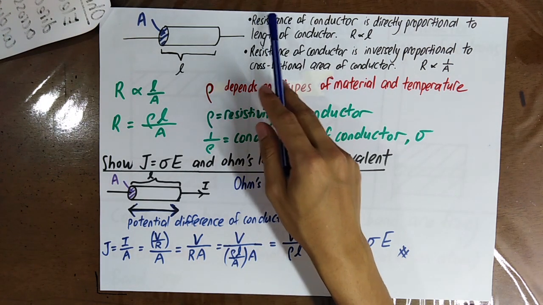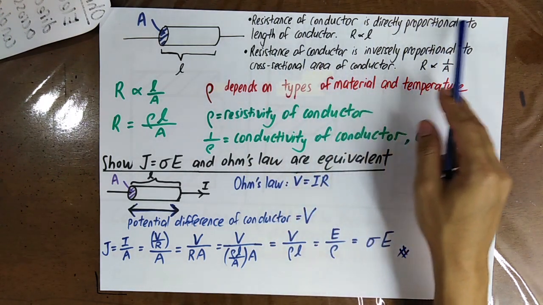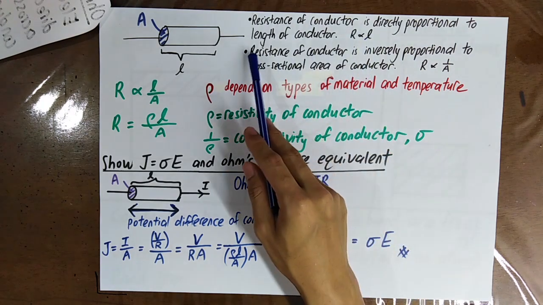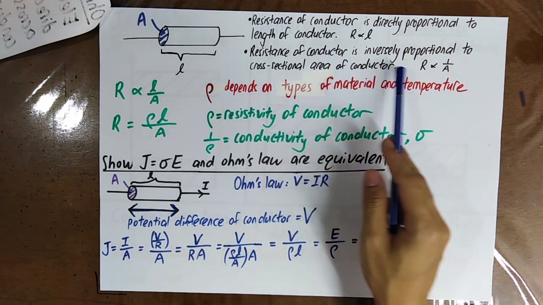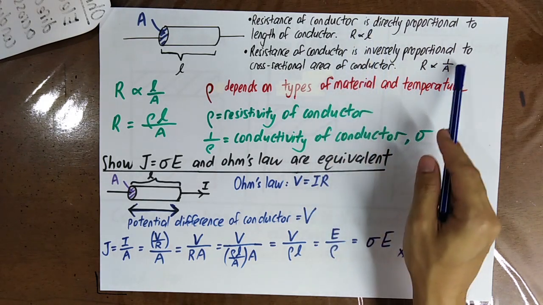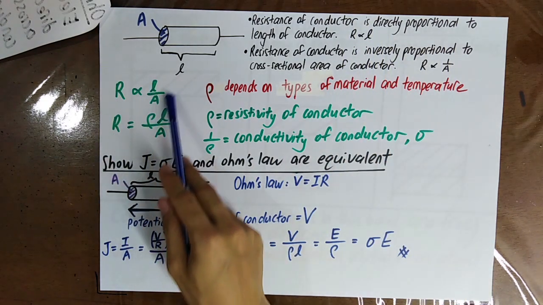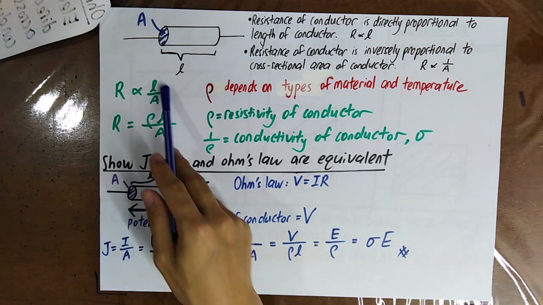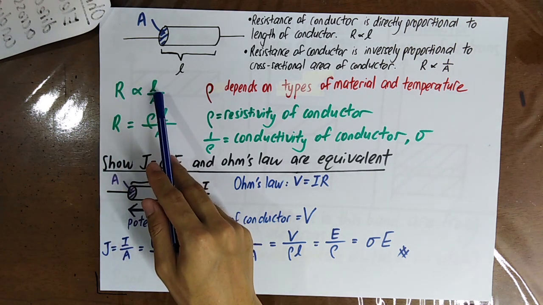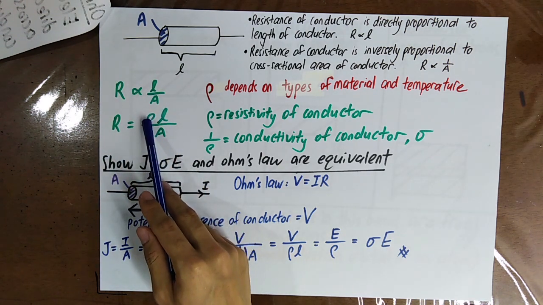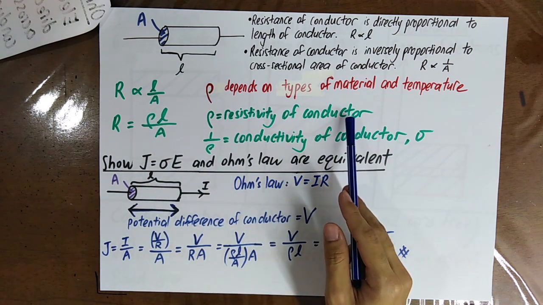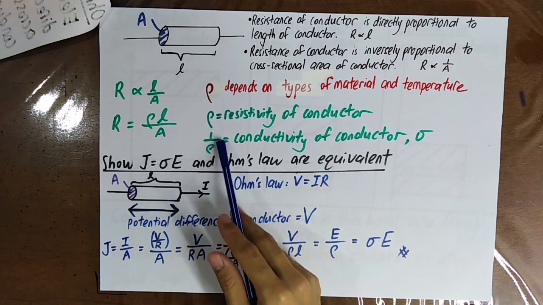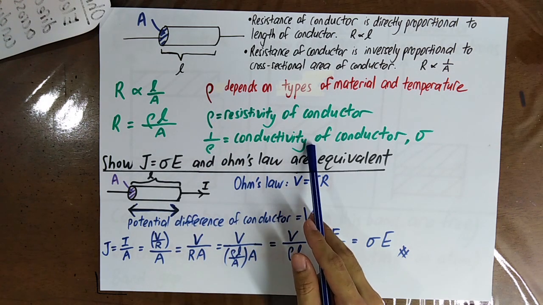Okay, now you know that the resistance of a conductor is directly proportional to the length of the conductor, and the resistance of the conductor is inversely proportional to the area of the conductor. So by using this relationship, you get this relationship. And then when it's a directly proportional relationship, you put a constant here. Okay, and then the constant is the resistivity of the conductor, and 1 over resistivity is equal to conductivity.